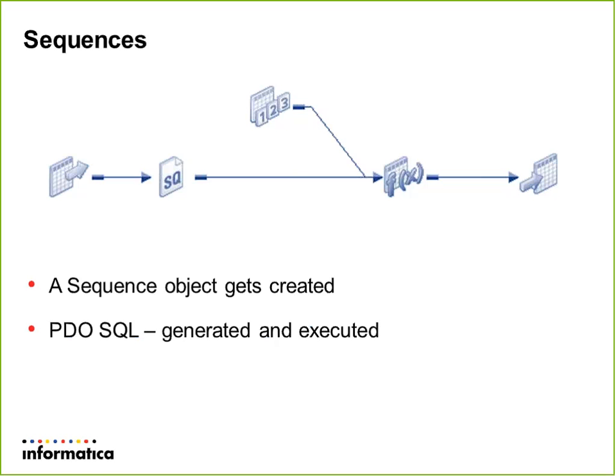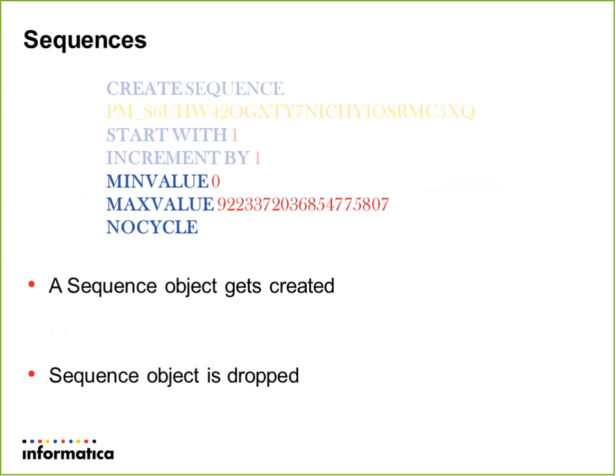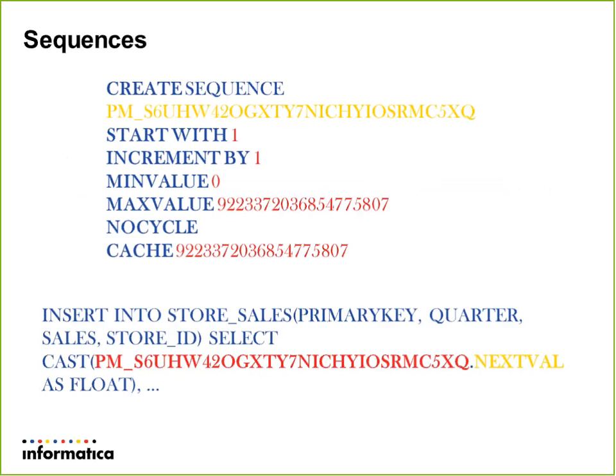The PDO SQL that gets generated will be utilizing this sequence object. And after the processing, the sequence object created in the database will be dropped. Shown are a sample sequence that is created in the database, and also a sample PDO SQL that utilizes the created sequence in processing the data.